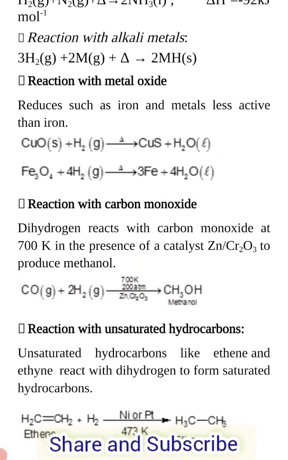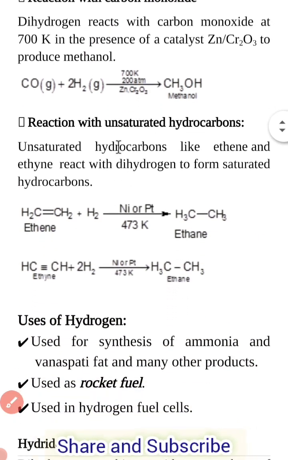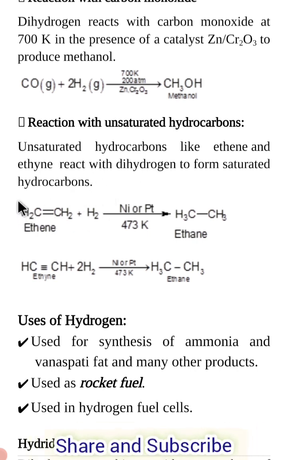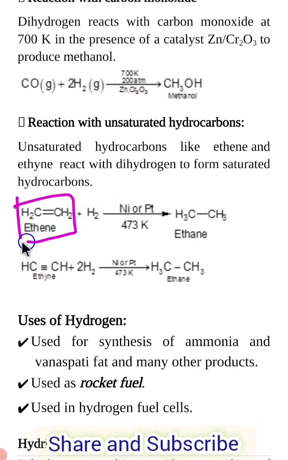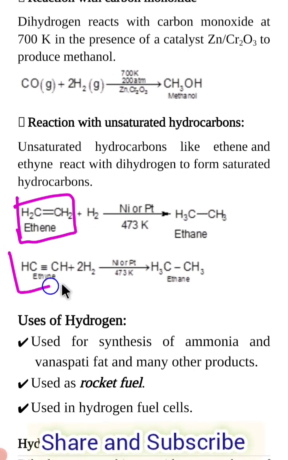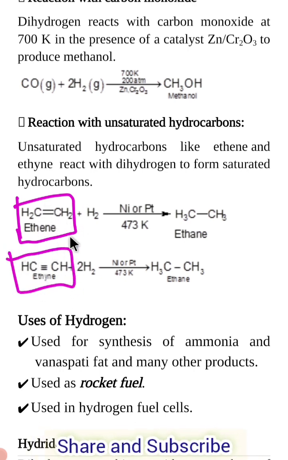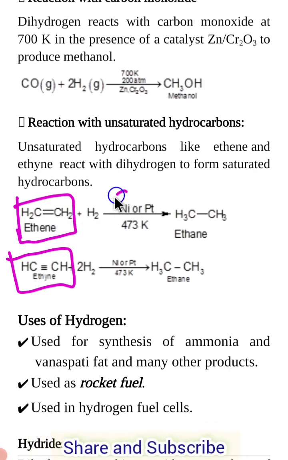Next property of hydrogen is a very common reaction of organic chemistry. Hydrogen can react with unsaturated hydrocarbons. Unsaturated hydrocarbons can be alkenes or alkynes, and these are reacted with hydrogen in presence of nickel, palladium or platinum catalyst.